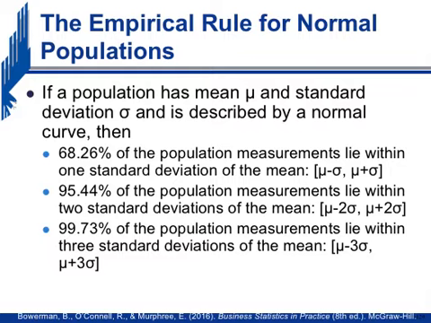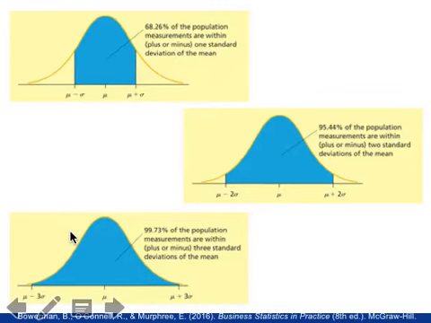While if you get the interval 2 standard deviations from the mean, that interval contains 95.44% of all the measurements in the dataset. If you consider the interval 3 standard deviations from the mean, the interval contains 99.73% of all the measurements in the dataset. If we show that visually, we have here the graphs.